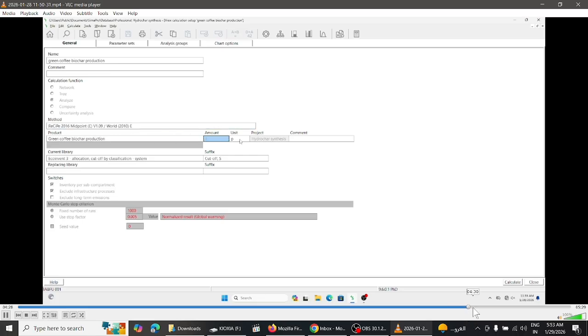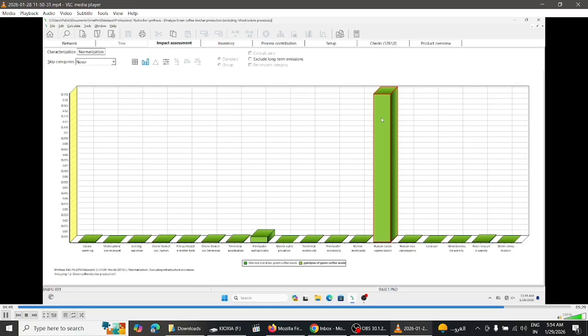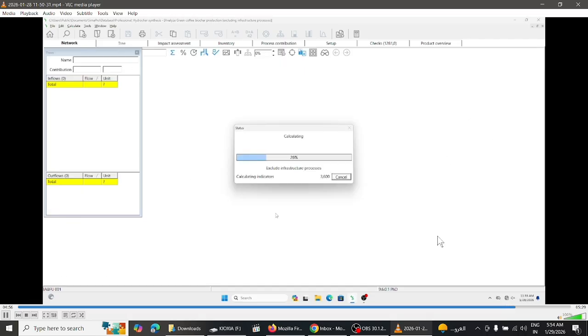This is already mentioned here, so by default we remove, and this is the library we chose, and then we will just calculate and show you the results. So you can see here it is in the calculating stage right now.